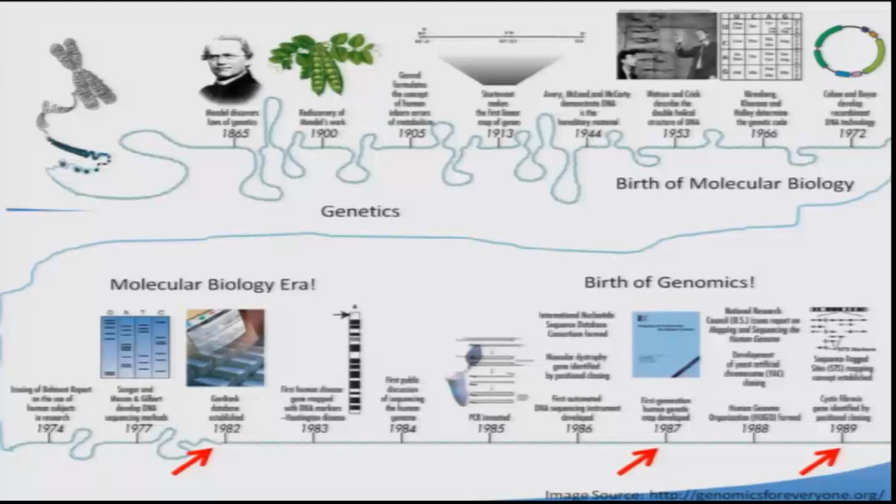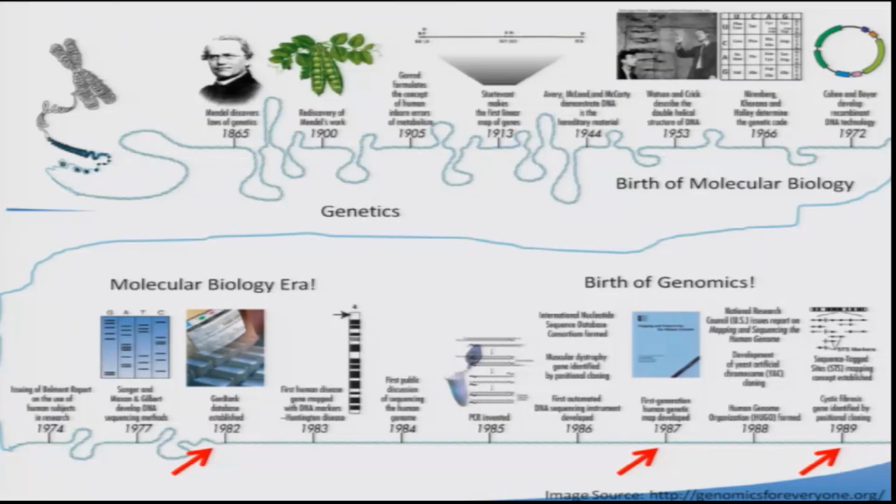Then in 1988 the Human Genome Organization was formed, and the National Research Council of the US issued a report that we should map and sequence the human genome. As a prelude, the yeast chromosome was sequenced, and that is how they started testing the methodology and the challenges that come along with analyzing the sequence and how to store them and so on.